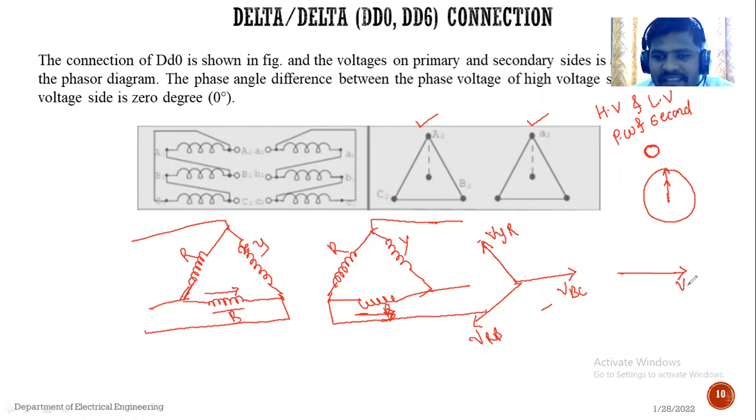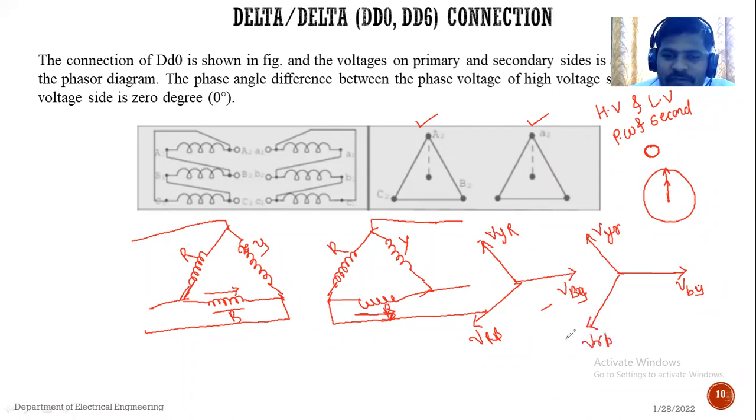It will be like this: phi BY, in small letters because it is the secondary side, phi BY. Then similarly phi YR, and the third phasor is nothing but phi RB.